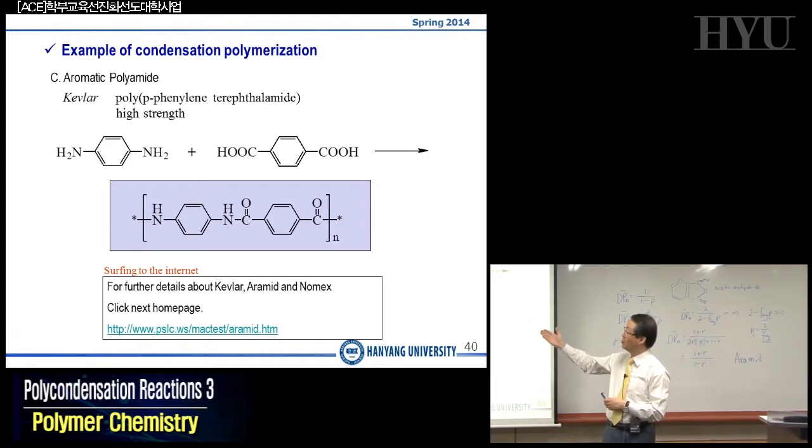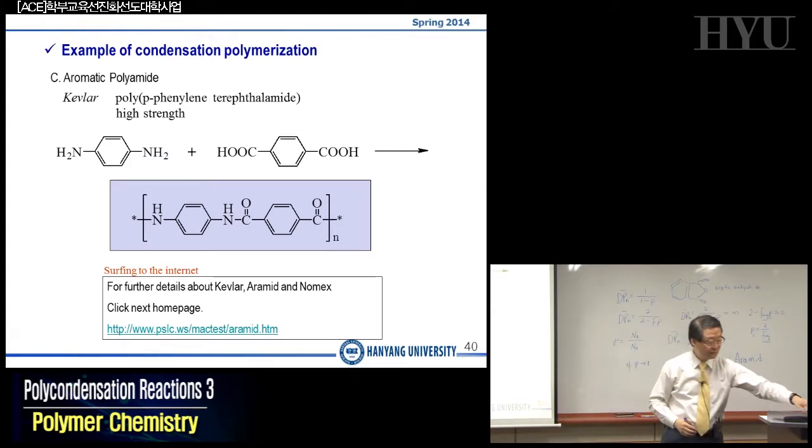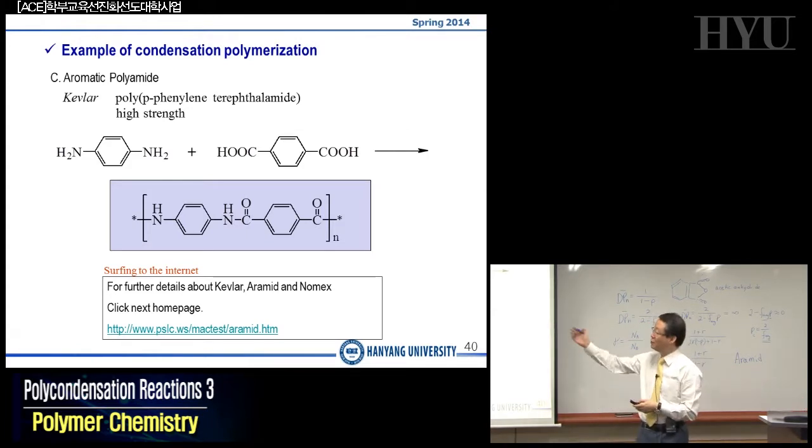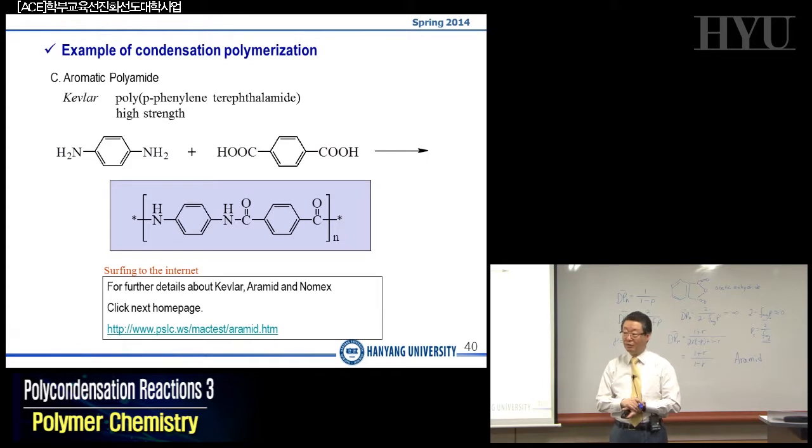And you can make a very strong aramid polymer, and you can look at the other sites as well. First produced by DuPont in the 1950s, and it has already been 60 years after starting producing this Kevlar fiber.